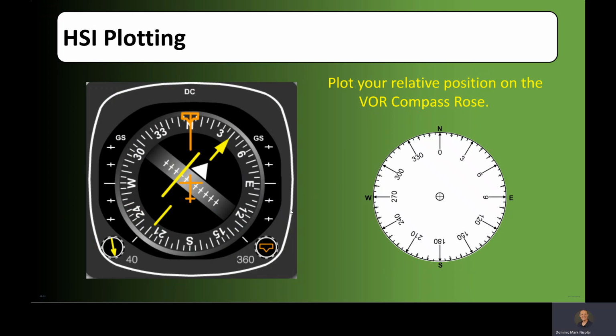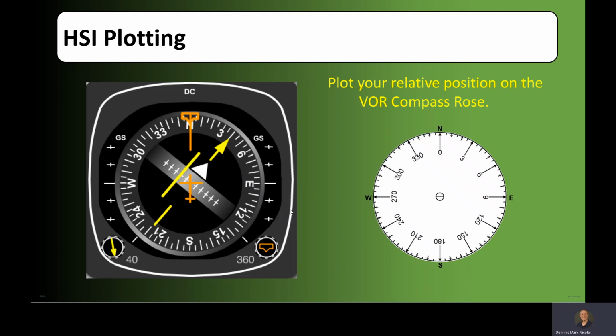Here's our example. We see the aircraft is on a 360 magnetic heading. The course is set to 040, and we see a to indication. It's a left needle deflection, approximately 4 degrees.